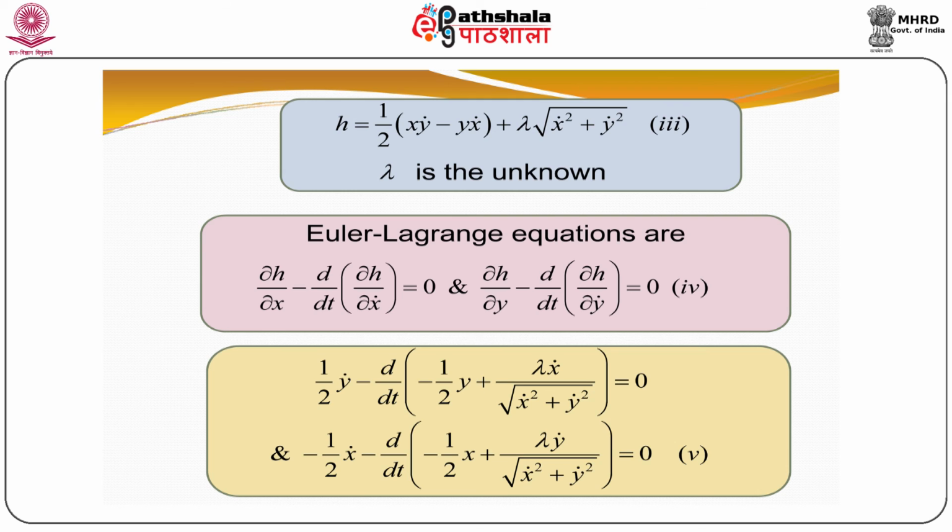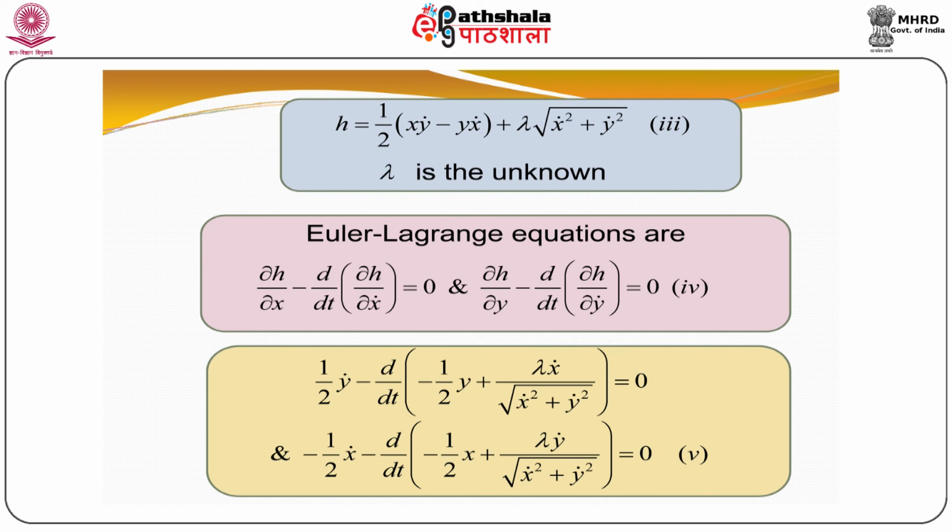Let us form a new function h. h is given by the combination of I1 and I2, that is, h equal to half of (x y dot minus y x dot) plus lambda times the square root of (x dot squared plus y dot squared). The first term comes from I1, and the second from I2. Lambda is the Lagrange multiplier, an unknown quantity. We have to find a curve with given perimeter for which the area given by I1 is maximum.